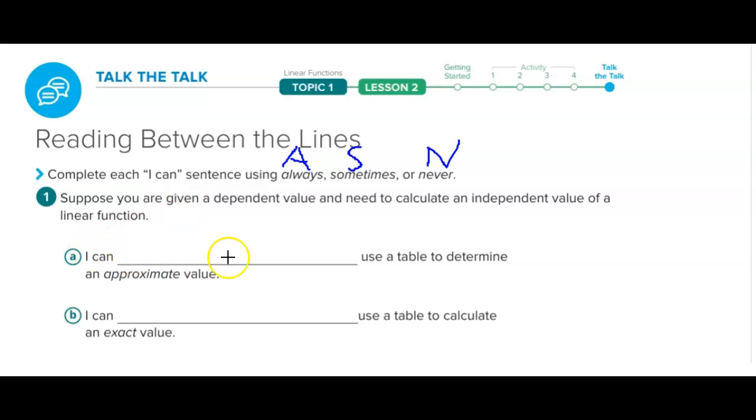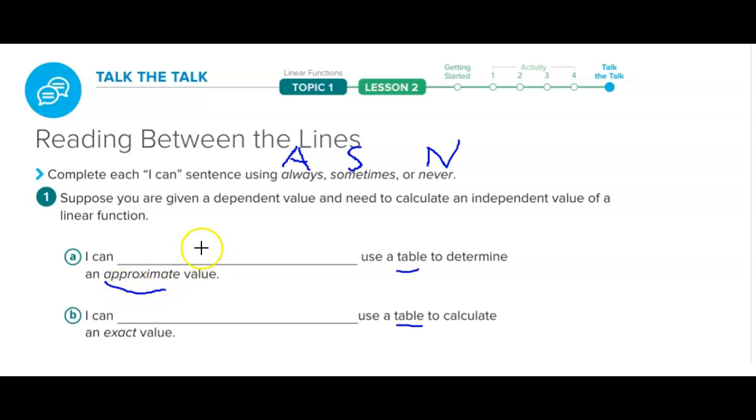So if you're thinking about tables, like in these first two, can you always use a table to determine an approximate value? Can you sometimes use a table to get an approximate value, or can you never use a table to get an approximate value?